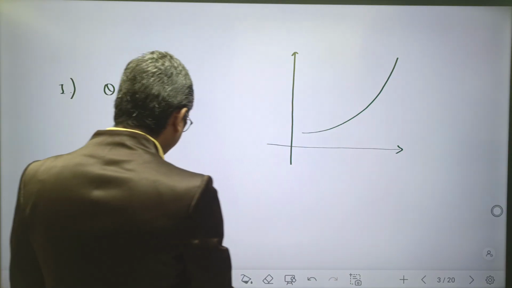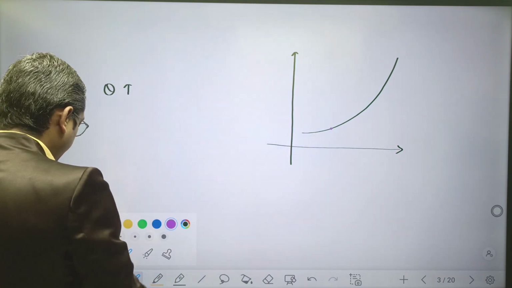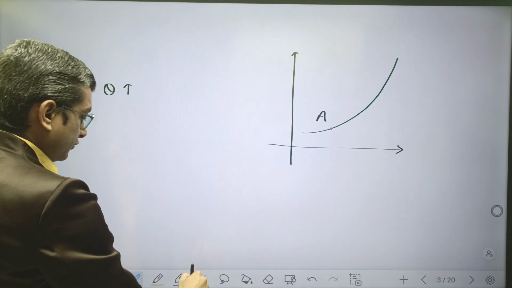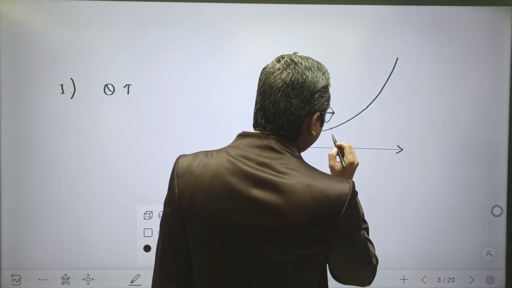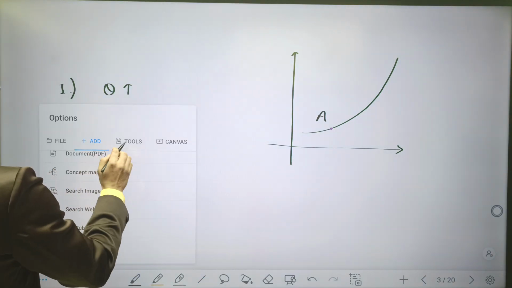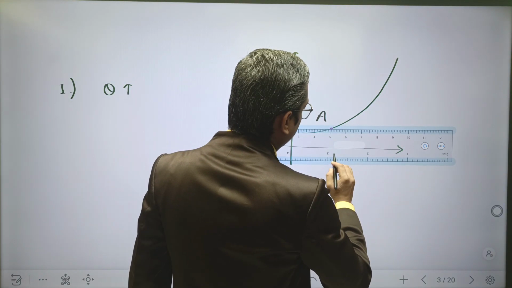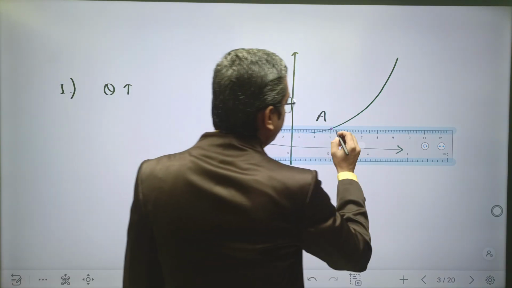Suppose I wish to measure angle theta at this point and name this point as A. So the very first step is I draw a line parallel to x-axis from this point. So let us draw with a ruler. I am going to draw a line here.